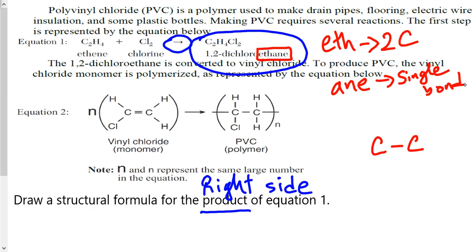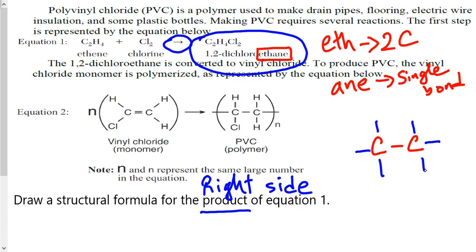Then I will complete the rest of the bonds for carbon. Each carbon must have 4 bonds. I already have a single bond between these two carbons, so I'm going to draw the rest of the 3 bonds for each carbon. Once you're done with the last part first, then you can look at the first name.